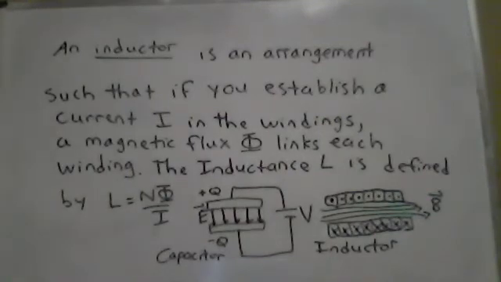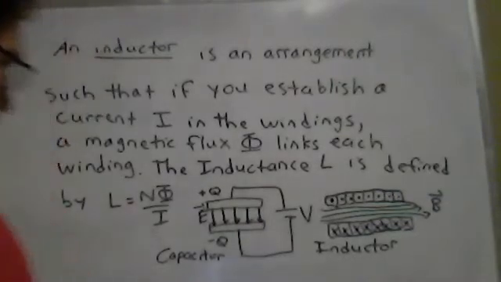Let's take a look at what the units of inductance would be. We have a brand new unit here. Remind ourselves, look at the vocabulary now: N times phi is considered a number of flux linkages.